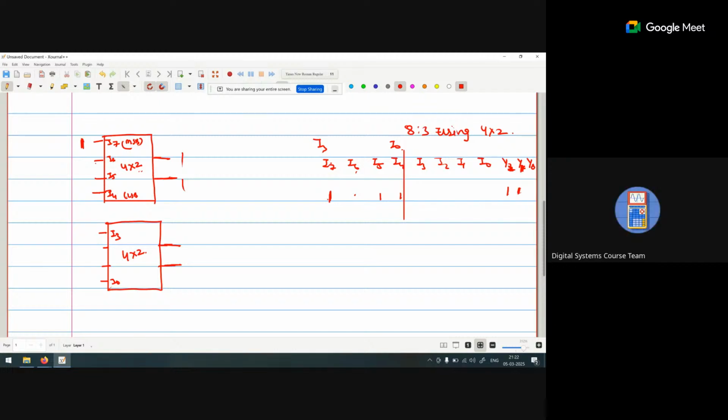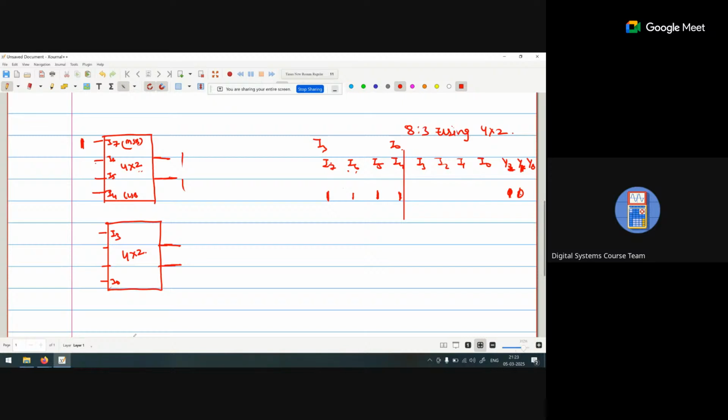Now if this I4 is 1, what will happen? We are getting output as 0 0. Similarly, if I5 is 1, we are getting output as 0 1. If I6 is 1, we are getting 1 0.